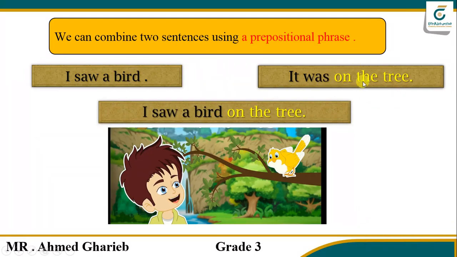The prepositional phrase to the end of the first sentence. I saw a bird on the tree. We can leave out the rest of the second sentence and take the prepositional phrase to the first one to make them just one. Okay?